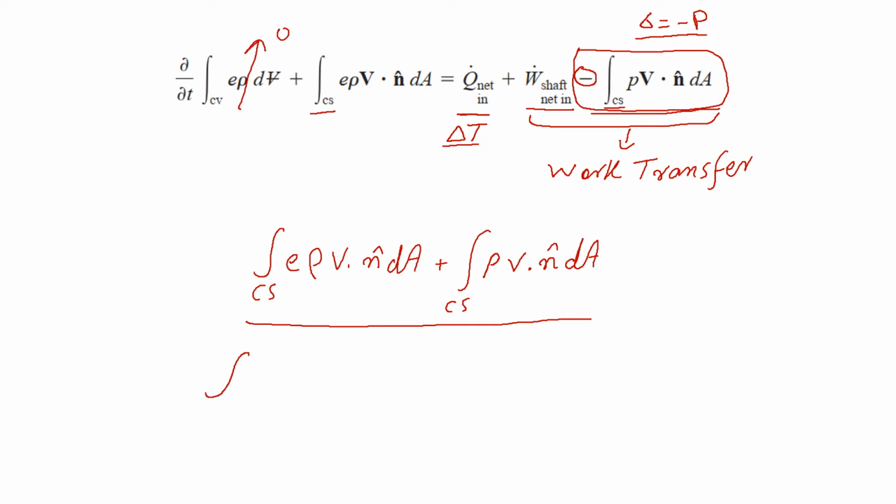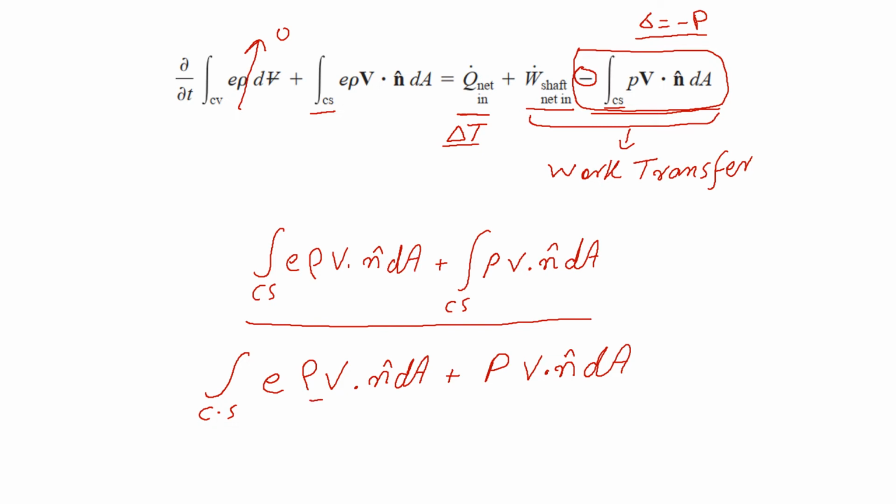Writing a single integral for these terms, we will get our intensive property, density, velocity, and unit vector normal representing the direction of the area, plus pressure, velocity dot unit vector normal, and differential area. As you can see, we can simplify this more by taking some terms common.